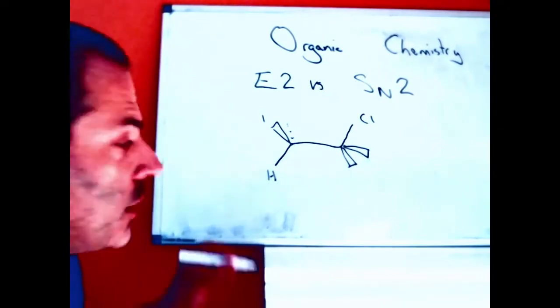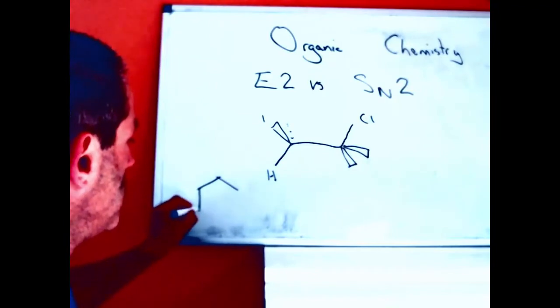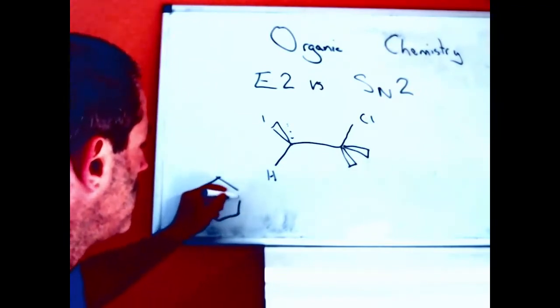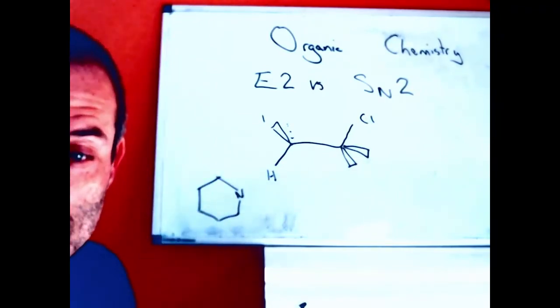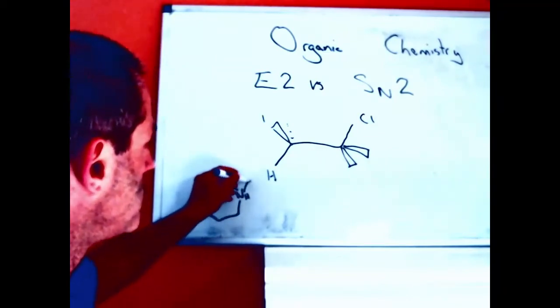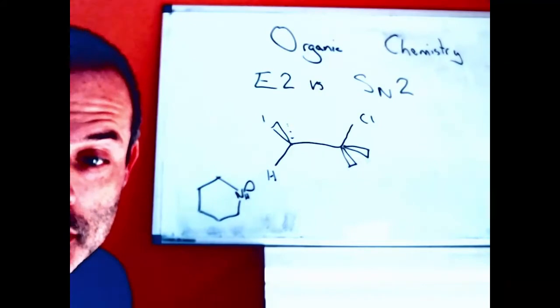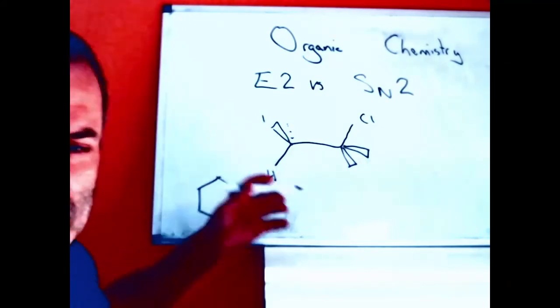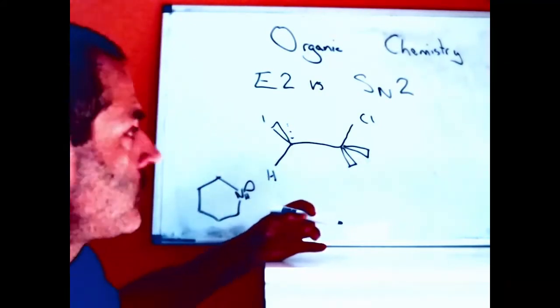An example of that would be pyridine. So if we take a pyridine, the nitrogen on the ring, 1, 2, 3, NH, the nitrogen on the ring is quite a good base, but it's not a very good nucleophile.